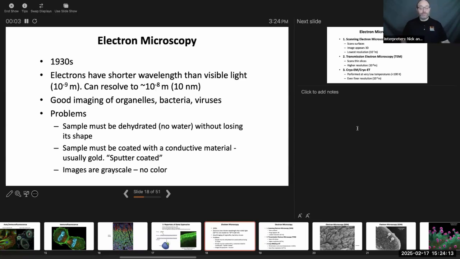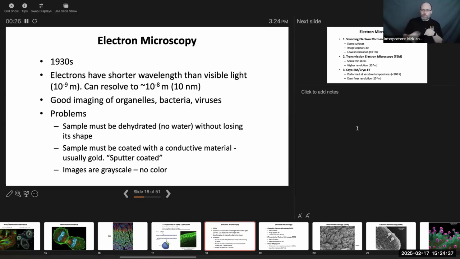All right, the next type of microscopy that I want to talk about is electron microscopy. This is a much more recent development, first pioneered in the 1930s and getting progressively better ever since. It takes advantage of the fact that electrons have a much shorter wavelength than visible light.